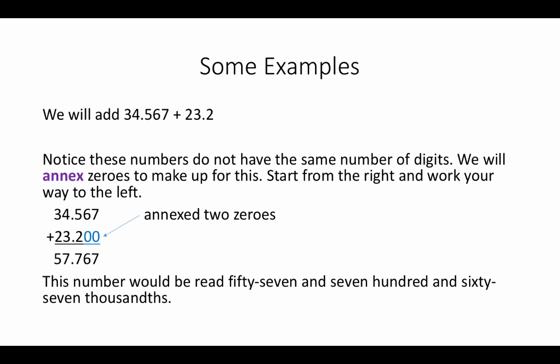And notice in blue, I made those a different color so that they would stand out. I annexed two zeros, so I now have 3 digits behind the decimal. You're always going to want the same number of digits behind the decimal, especially when we're subtracting. So when I did my addition, this number would read 57 and 767 thousandths.